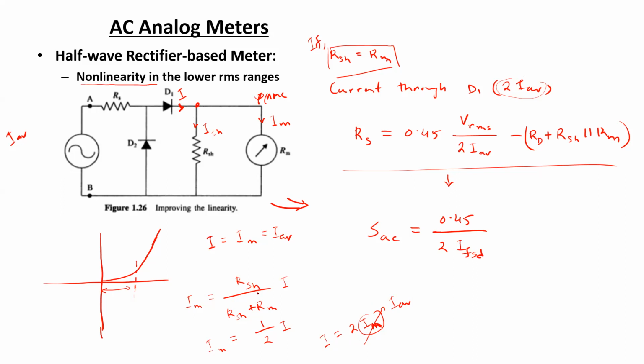But if the values are not equal, let's say RSH is having a value of 200 ohms and RM is having a value of 50 ohms, then accordingly, the multiplying factor along with the average current has to be determined. So for that case, what will happen?